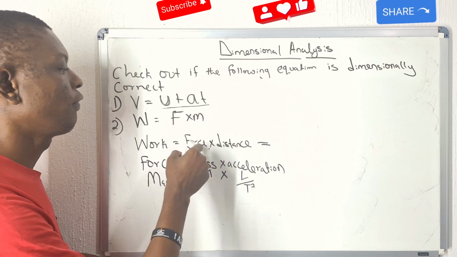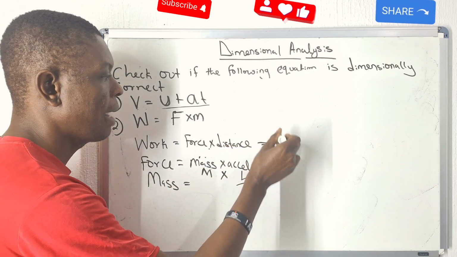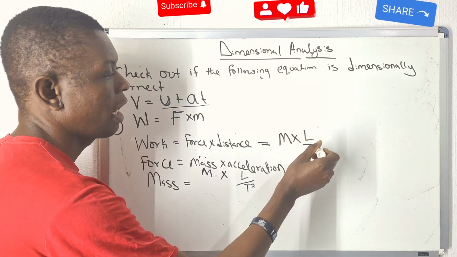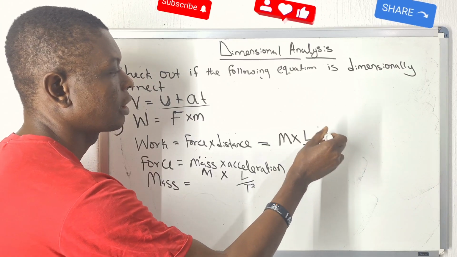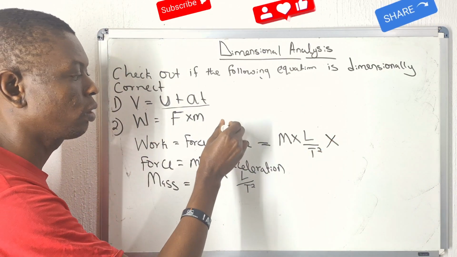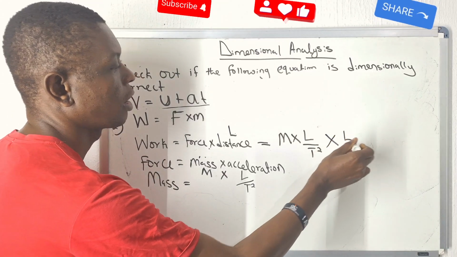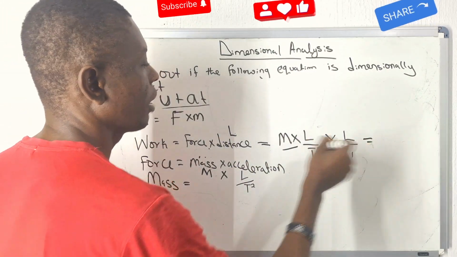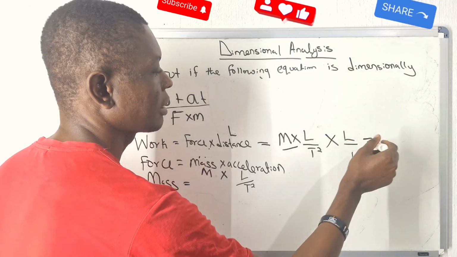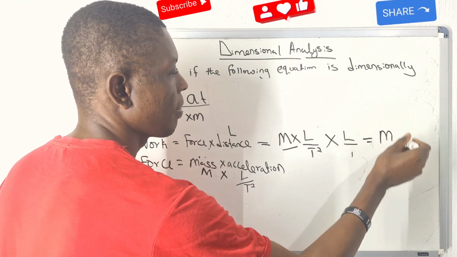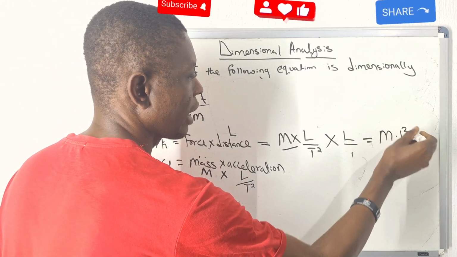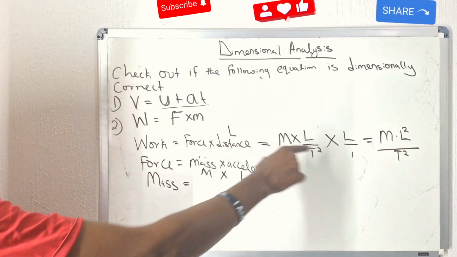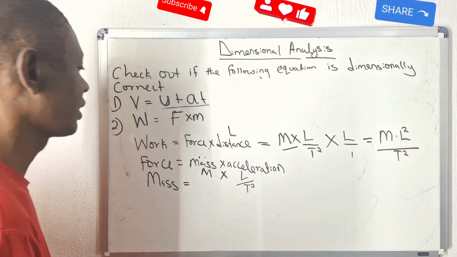So work is mass times L over T squared times distance, and distance is also length, L. L times L is L squared. So we have M L squared over T squared. This is what work is in dimensional analysis.